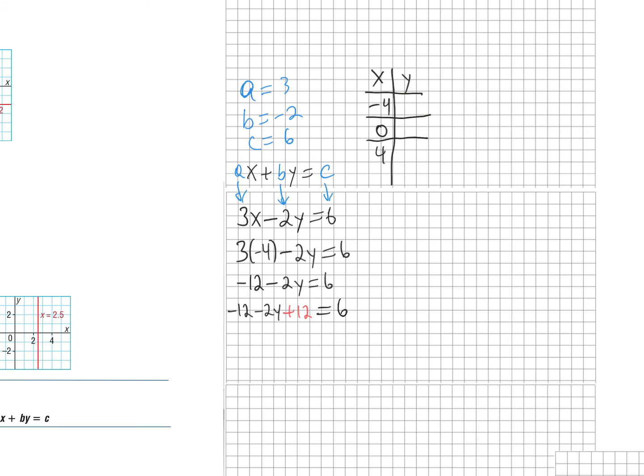So I have 6 plus 12. That causes this plus 12 and this minus 12 to reduce out of my equation. And I'm left with -2y equals 6 plus 12. So now, in order for me to reduce this -2 out, I need to divide this side by -2, but I can't do that to one side unless I do that to the other.